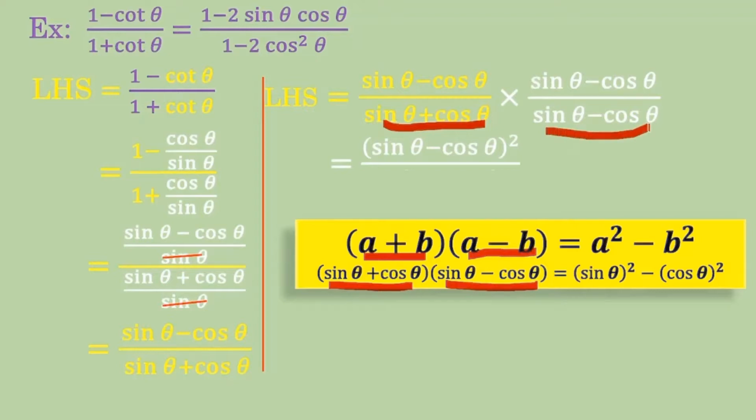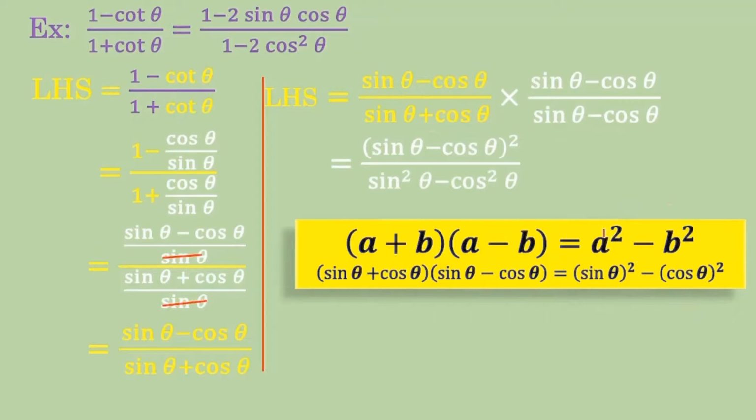So, a square minus b square is equal to (sin theta) whole square minus (cos theta) whole square. That is, sin square theta minus cos square theta.